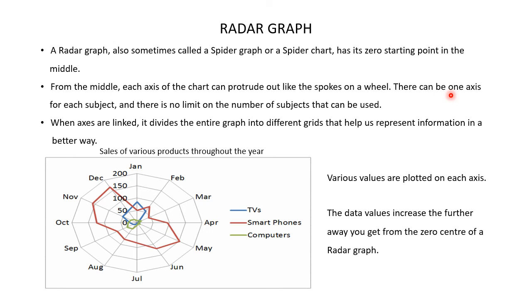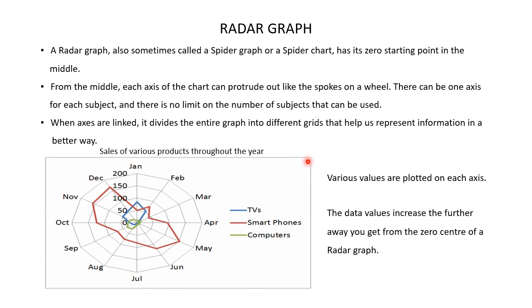There can be one axis for each subject and there is no limit on the number of subjects that can be used. When these axes are linked, it divides the entire graph into different grids that help us to represent the information in a better way. Various values are plotted on each axis. The data values increase the further away you get from the zero center of the radar graph.